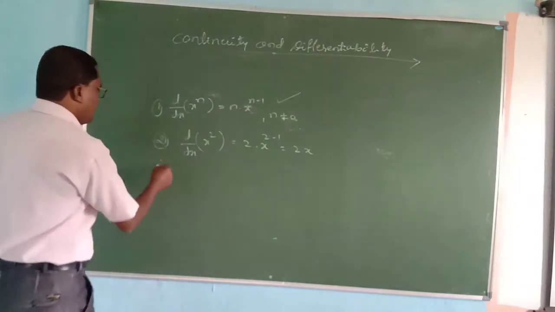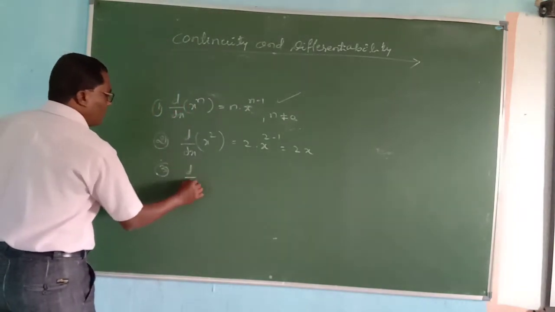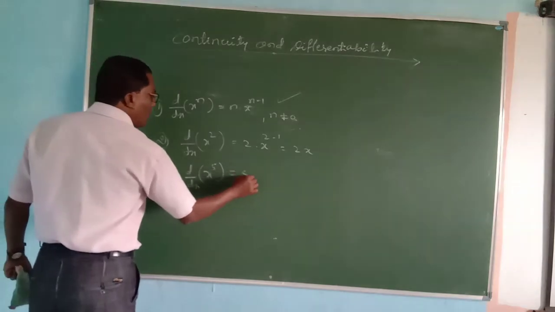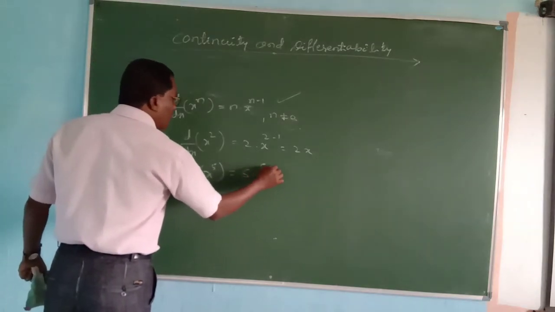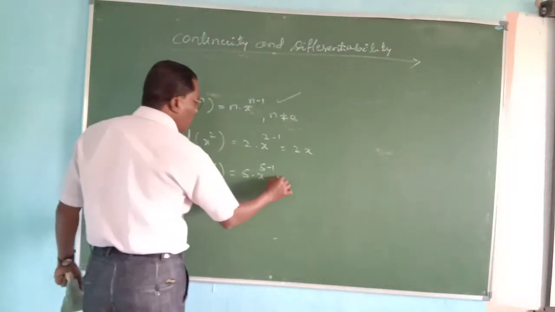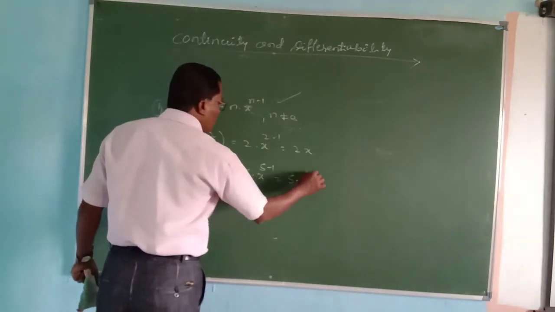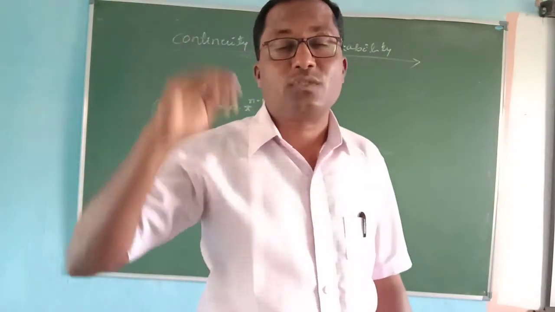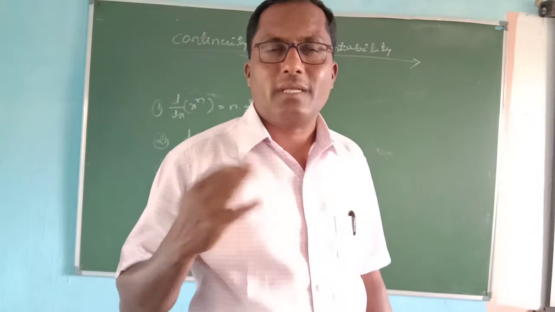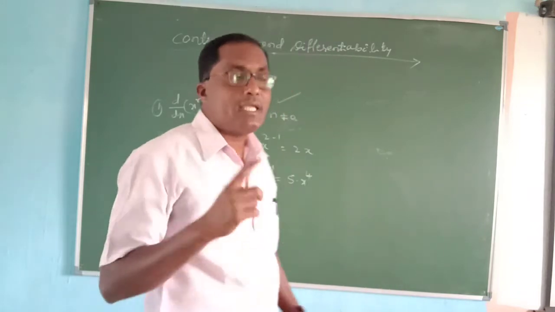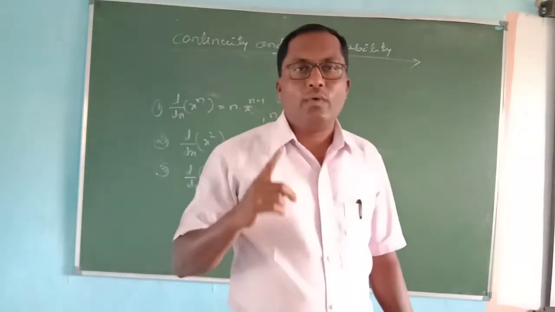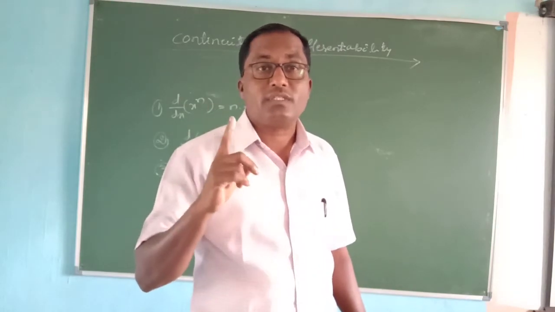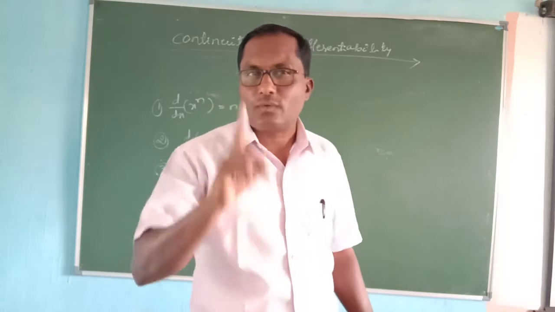Similarly, differentiation of x to the 5 is 5 into x raised to 5 minus 1, which is 5 into x raised to 4. In the same way we find x raised to 10, and also constant functions. Already we know the differentiation of a constant is always 0.